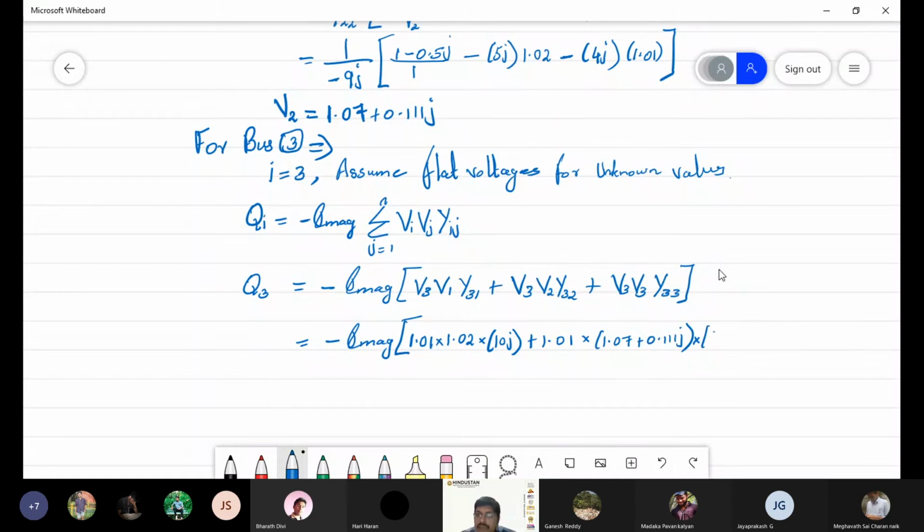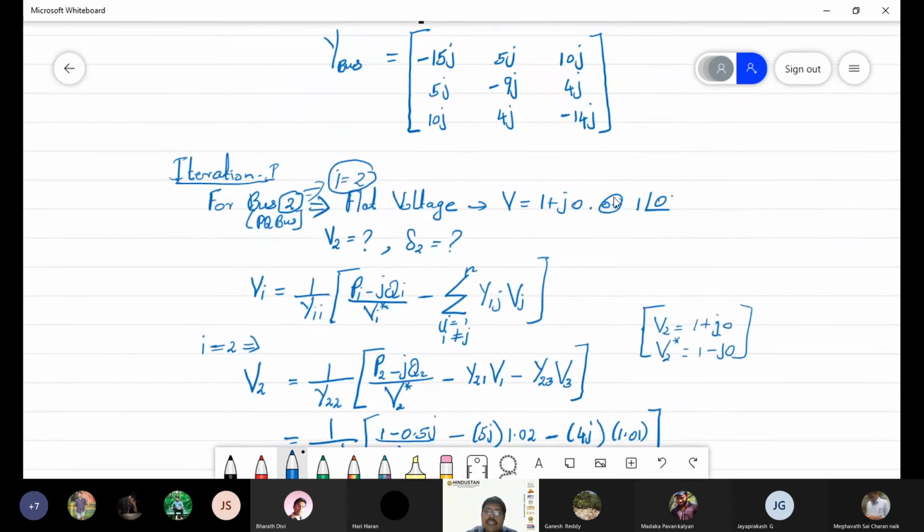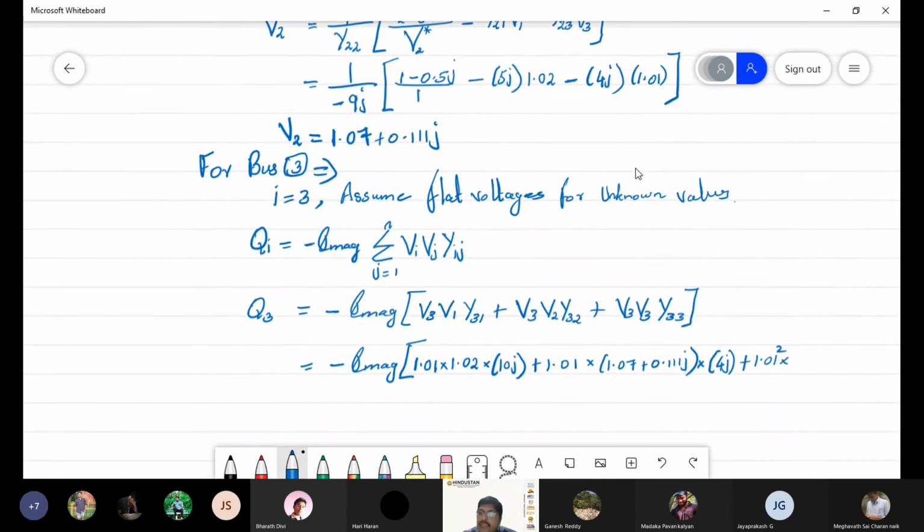So plus V3 again, 1.01, the whole V3 into V3, that is 1.01 square, multiplied by Y33, which is also from the Y bus, minus 14j.